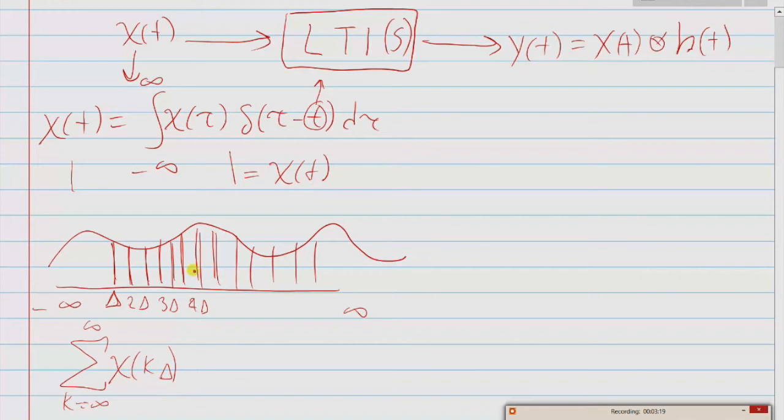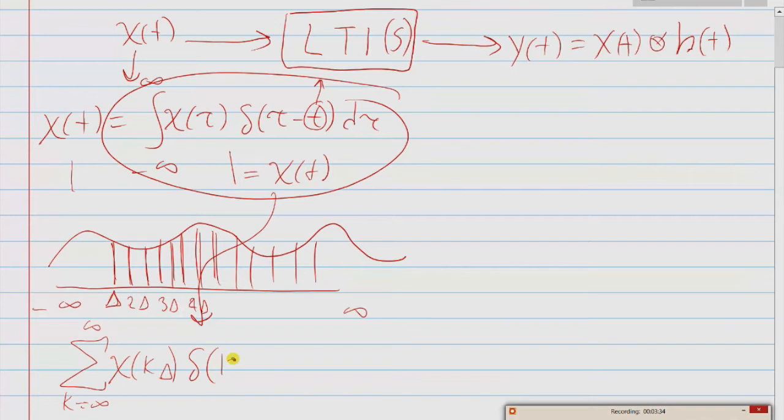So essentially, any function could be represented in terms of a sum of finite elements, and this integral here could be written as a Riemann sum of x of k delta times Dirac delta of k delta minus t times delta, because delta in this case is our infinitesimal distance, and we sample the function, let's say, to the left each time, and each time we sample the function we multiply by the interval to get the area.